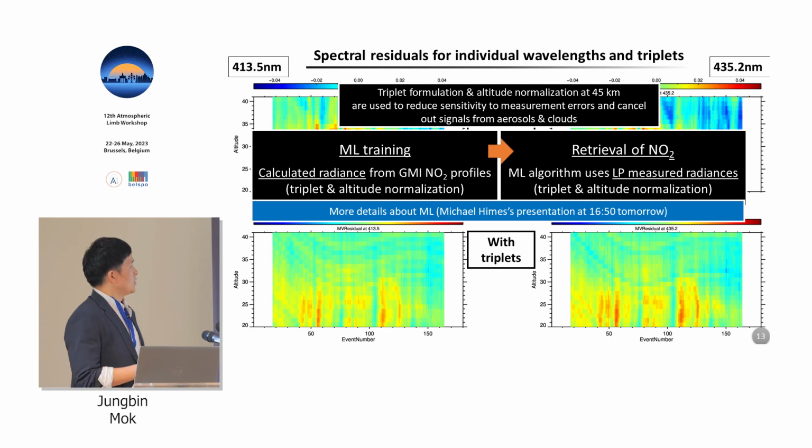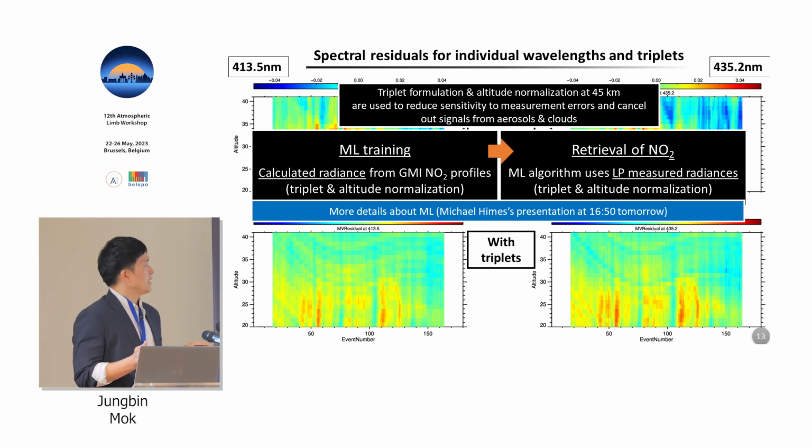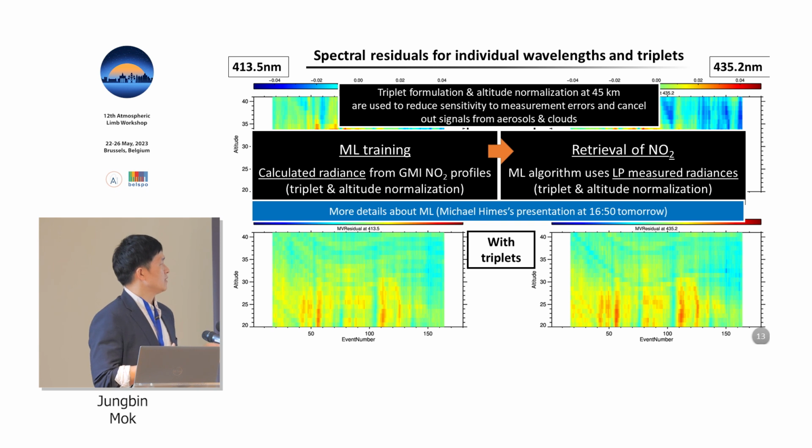So we look at how different it is without triplets and with triplets. You can see that if we apply the triplets, you can see lower residual values compared to without triplets. That means triplet formulations and altitude normalizations can be used to reduce sensitivity and also cancel out the signal from aerosols and clouds.